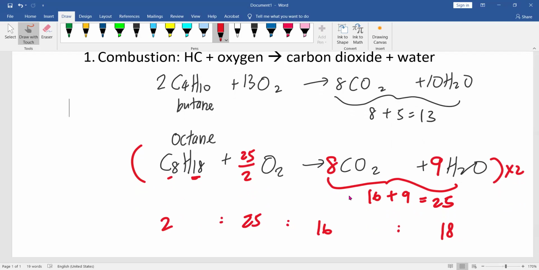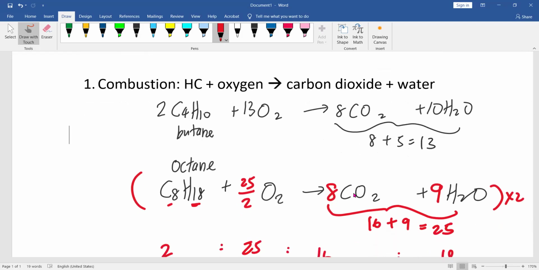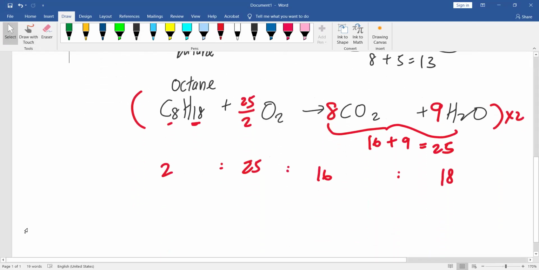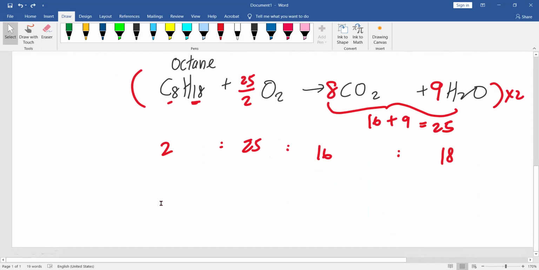Okay, this is combustion. The second reaction is called substitution.